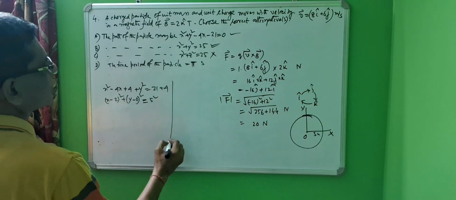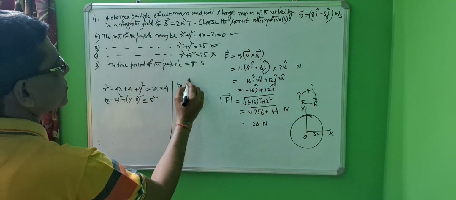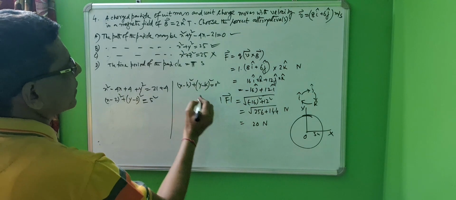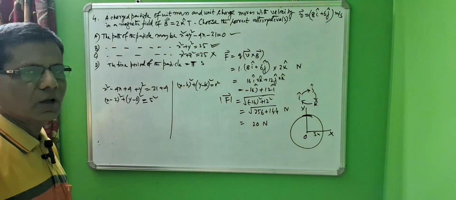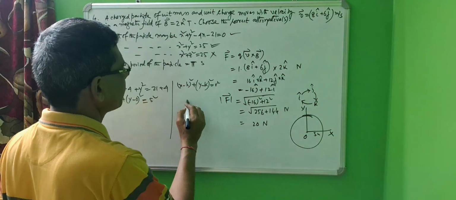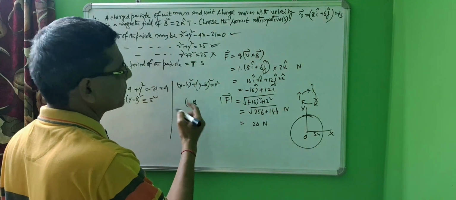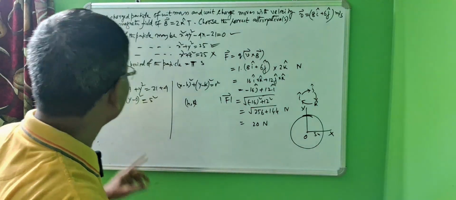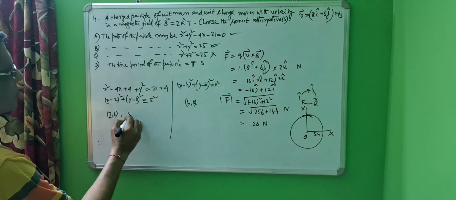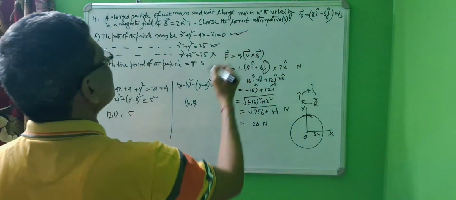This one also is of the form x minus h whole square plus y minus k whole square equals r square in coordinate geometry. In class 12 we have studied where (h, k) is the center of the circle and r is the radius of the circle. So here the center is (2, 0) and radius equals 5. So this one also holds good.